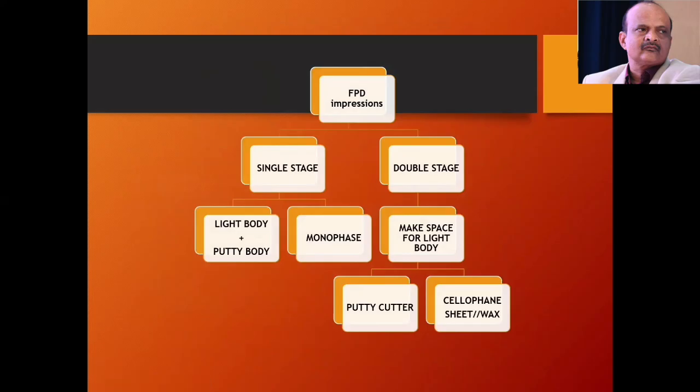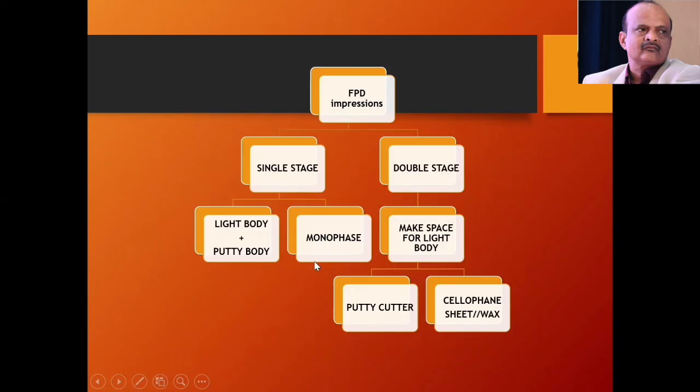The FPD impressions are single phase or double stage. Single stage means the putty and light body are mixed simultaneously and a tray is inserted at once, like light body and putty mixed together. The assistant mixes the putty, and the light body is mixed in a gun by the operator.